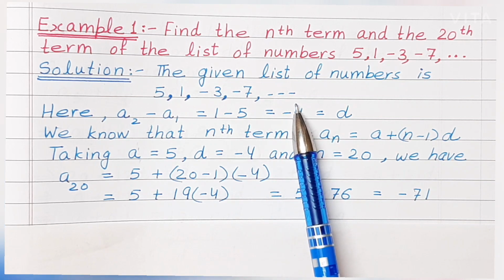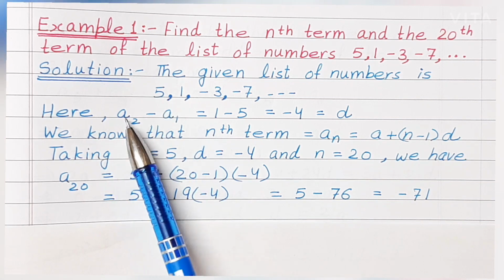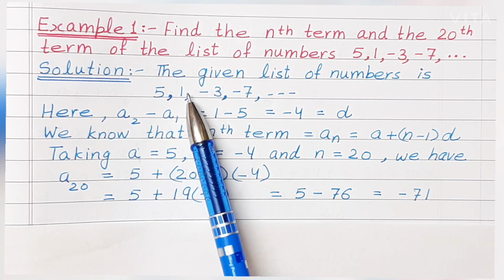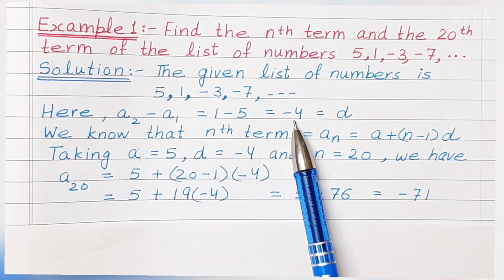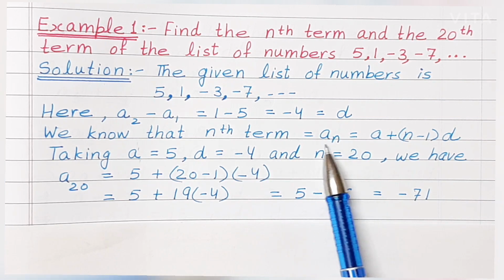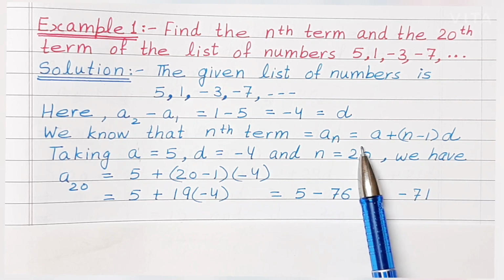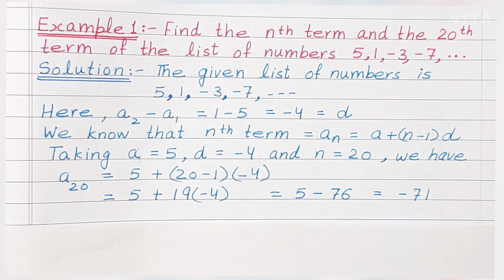Here 5 is the first term and the common difference is 1 minus 5, that is minus 4. So D is minus 4. Now we know that nth term is an is equal to a plus n minus 1 d.